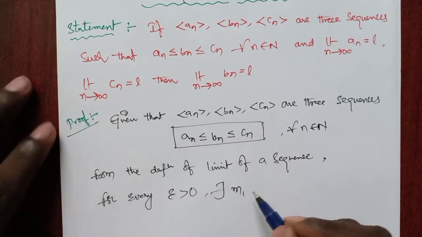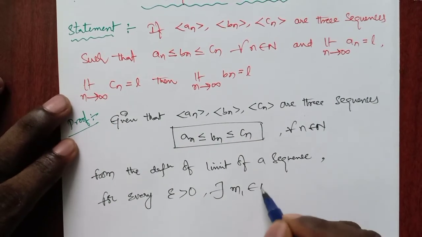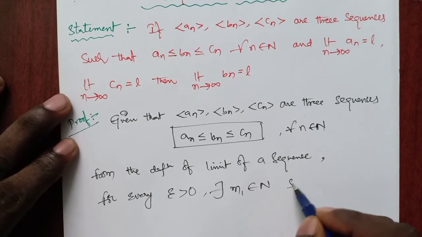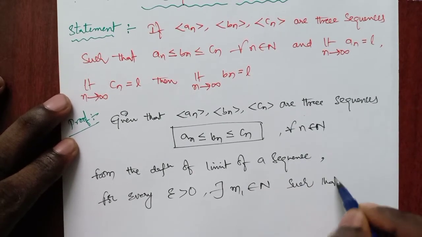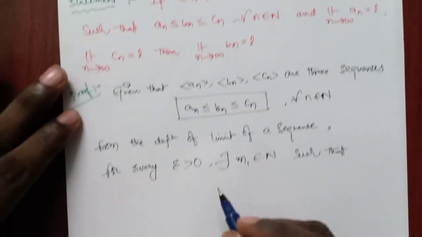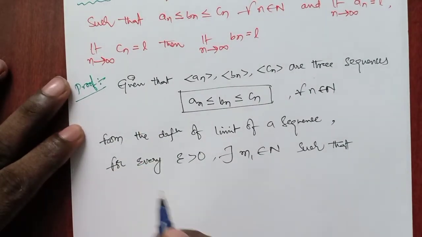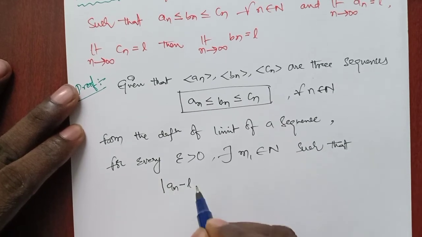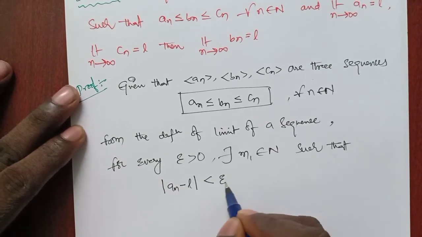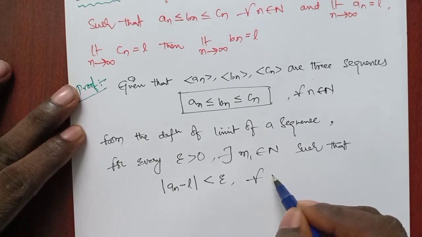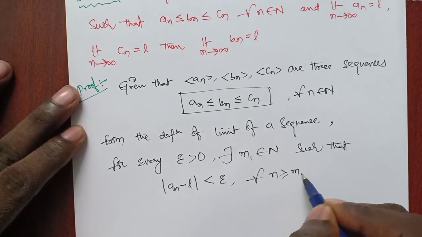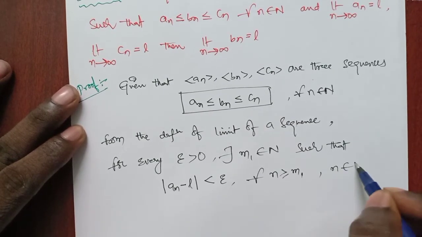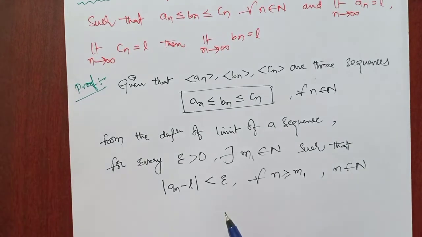Because here we have two limits, m1 belongs to N such that, for the first sequence, modulus of an minus l is less than epsilon for all n greater than or equal to m1, where n belongs to natural numbers.